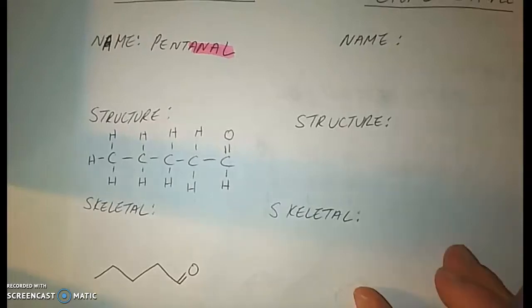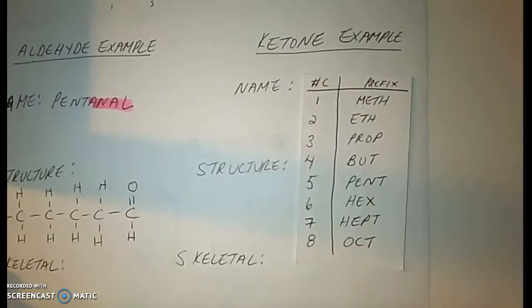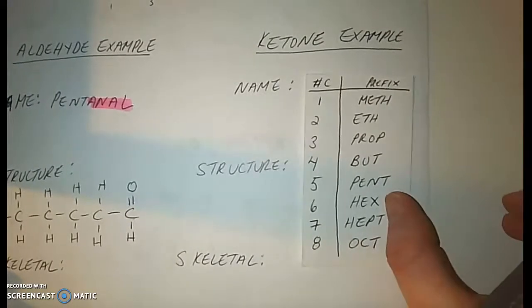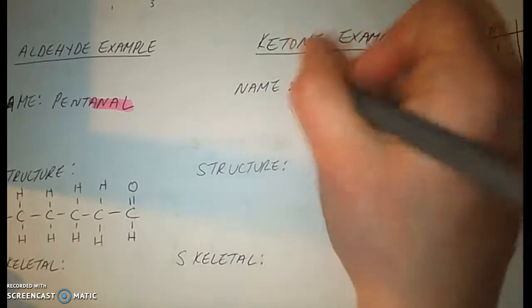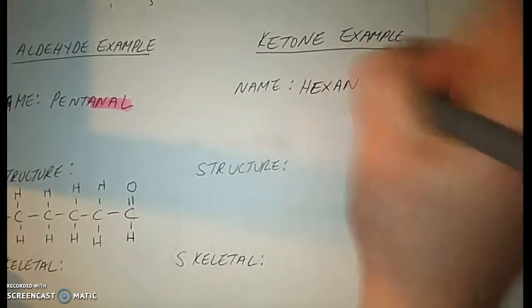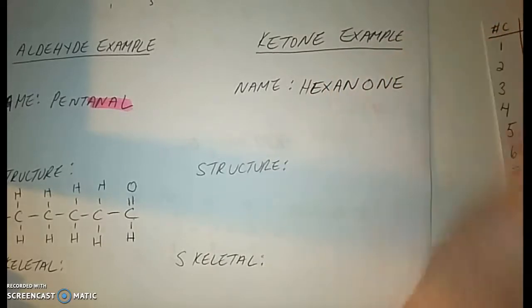All right, and then our last thing for this video is to come up with an example of a ketone. Okay, so I'm gonna once again pick a prefix. In this case, let's do hex. Okay, so that means 6 carbons. And then if a compound is a ketone, the ending is O-N-E, so hexanone.